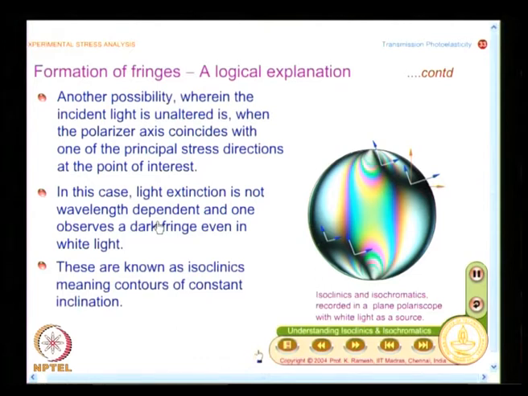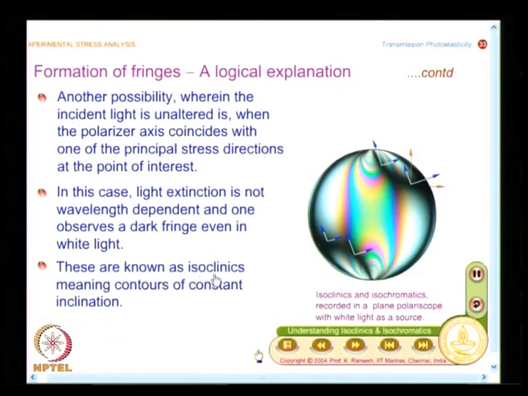So, whatever light comes out of the model is completely cut off, and these are known as isoclinics, meaning contours of constant inclination. It will take some time for you to appreciate what these contours are. I think the picture is reasonably clear.